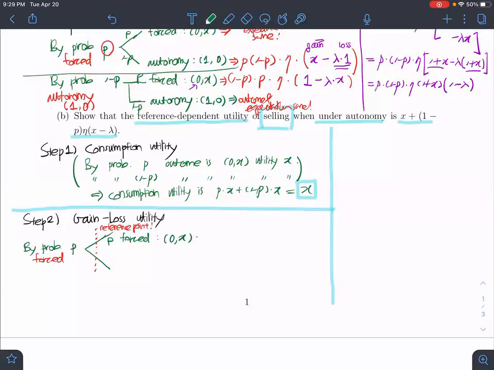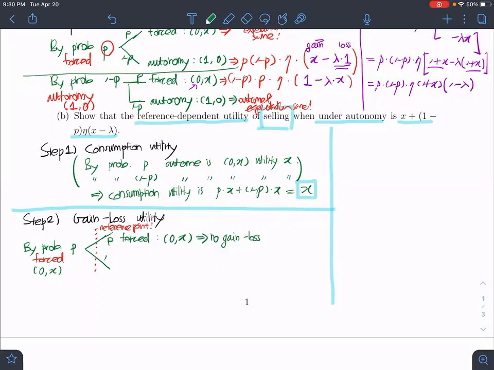So in this case, is the outcome the same as the reference point? If I'm forced to trade, my outcome is this. So yes, the outcome is the same as my reference point. So no gain loss. Oh, am I going too fast? Is it okay? Okay.